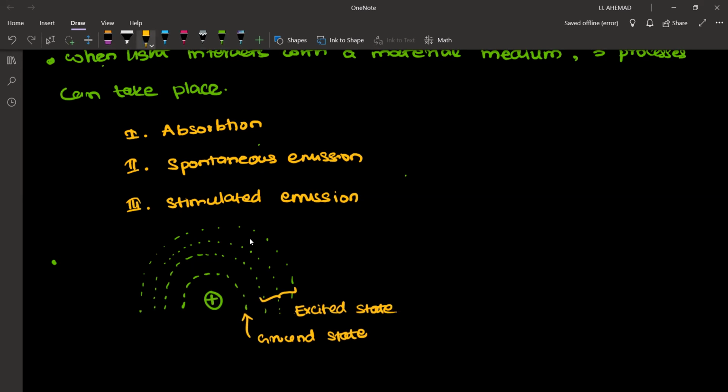And the final energy level, we call it the ionization state. Okay, the final is the ionization state, because if the electron tries to go beyond this, then it is removed from the atom.